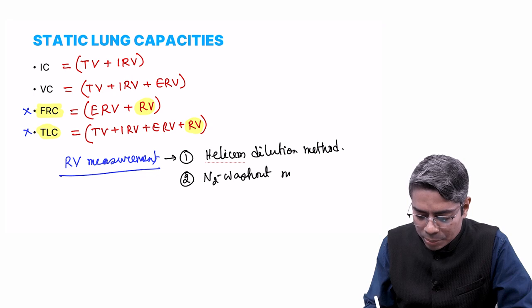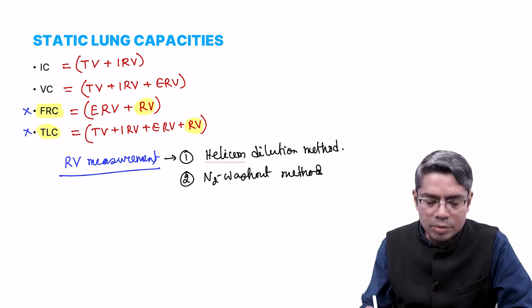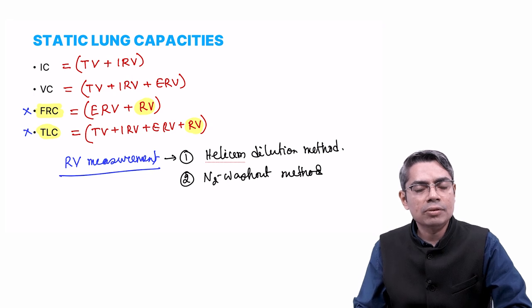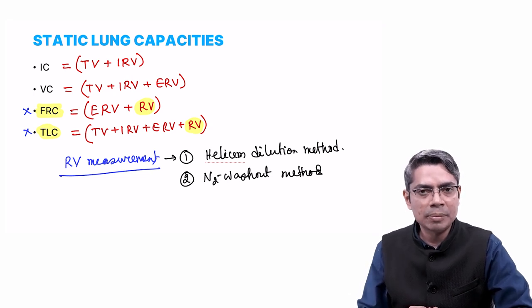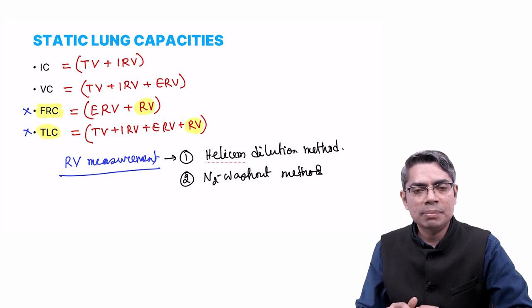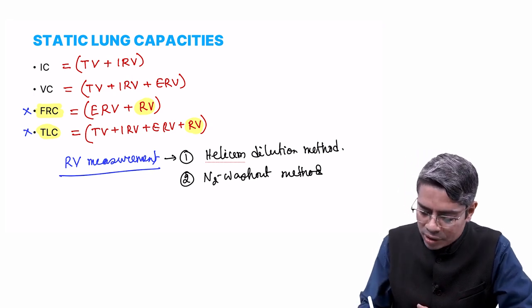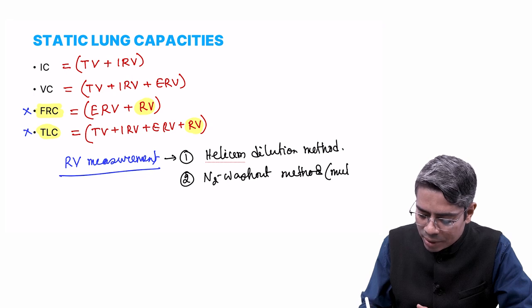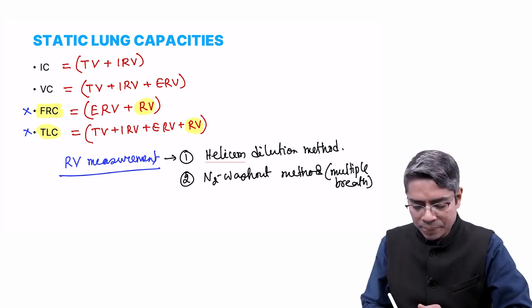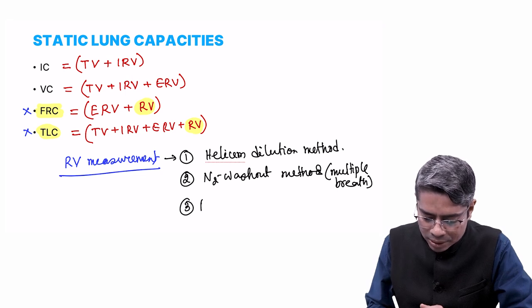We have discussed previously that it is also used for anatomical dead space measurement, but for that, the single breath nitrogen washout method is used, and here a modified version, the multiple breath nitrogen washout method, is used for calculating the residual volume. And number 3 is known as body plethysmography.